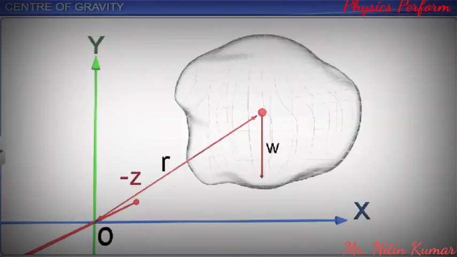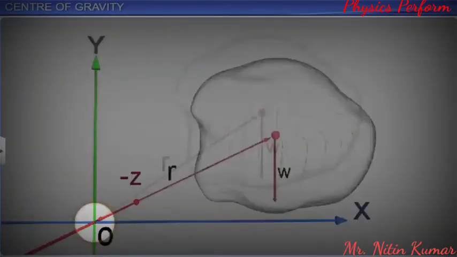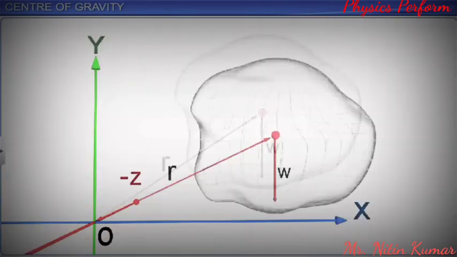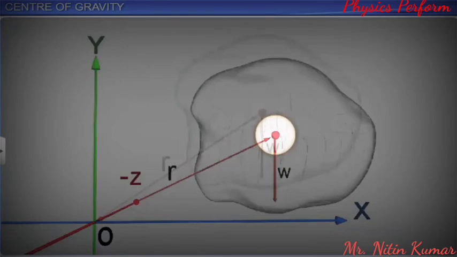Torque due to the weight of a body about any point can be calculated by assuming the whole weight of the body concentrated at its center of gravity.